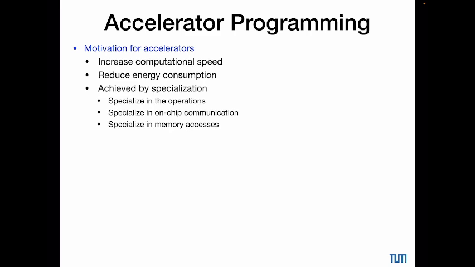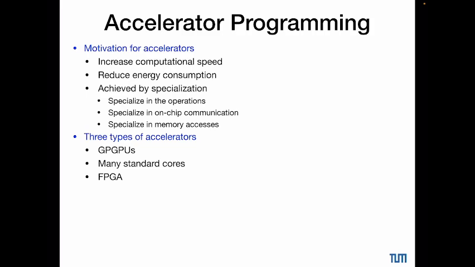Basically you can have special operations that the processor or the accelerators implement. You can specialize the on-chip communication, so that you have a special communication that supports certain algorithms, for example. And you can also specialize the memory accesses, thinking about how much cache is needed, whether you need cache at all, and so on. This all could be specialized for the requirements of the applications in the domain that you have this accelerator for.